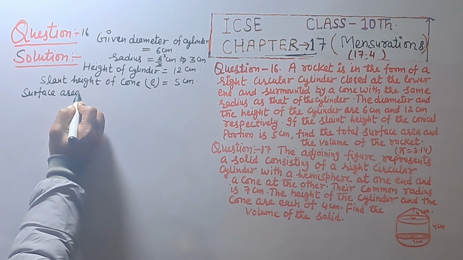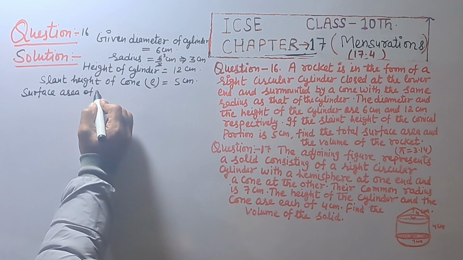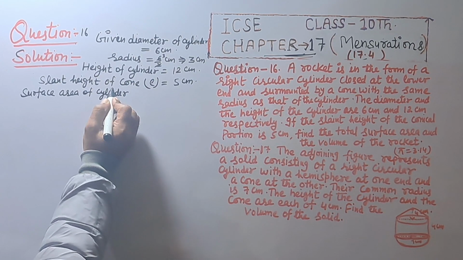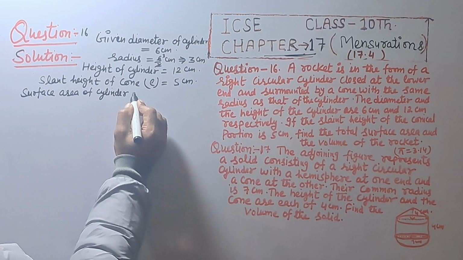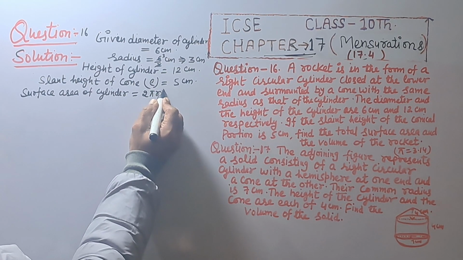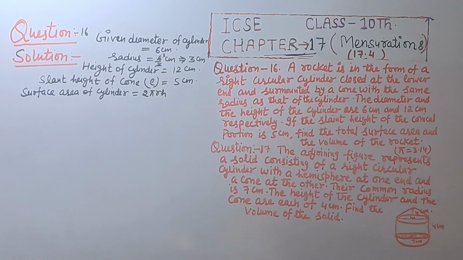Surface area of cylinder, that is equal to 2 pi r h.